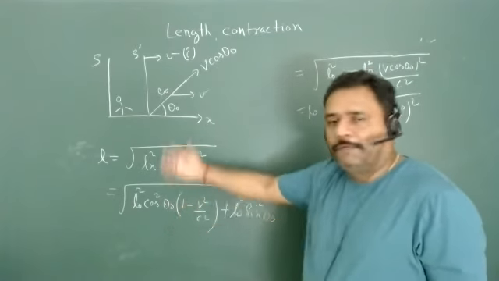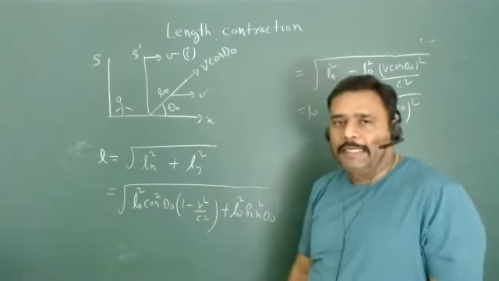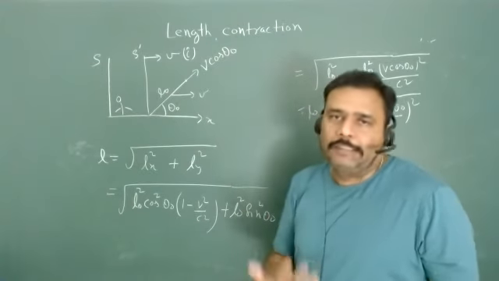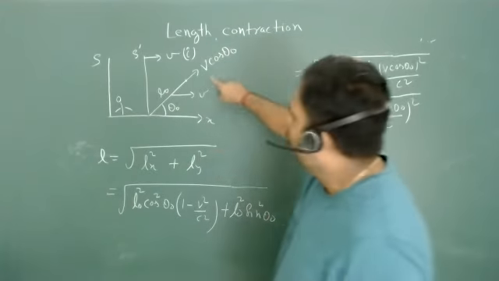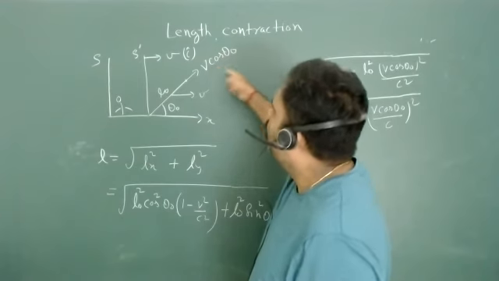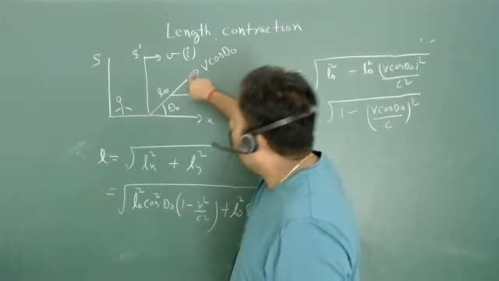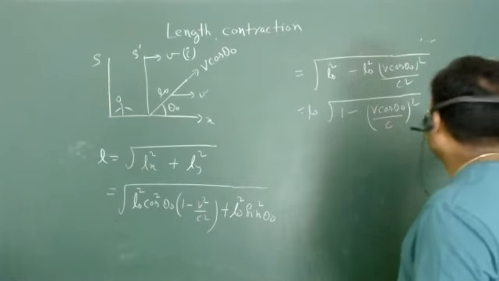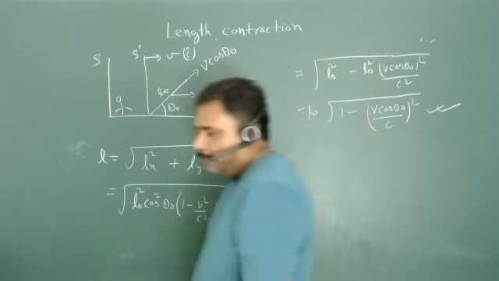Obviously, this is from first principles and I can do it very nicely. But if you can see the whole picture, this v cos theta naught will take part to contract this particular length. So I like this problem very much.